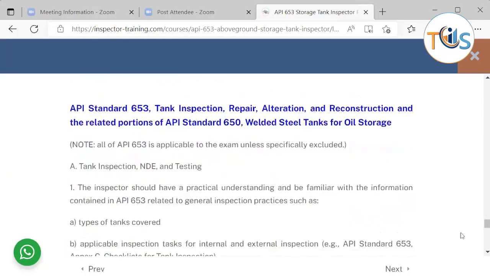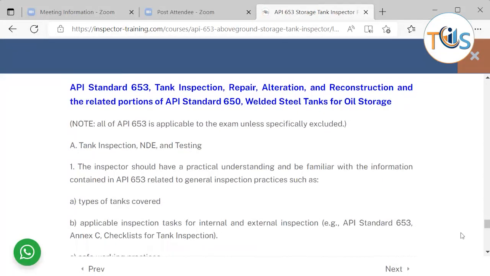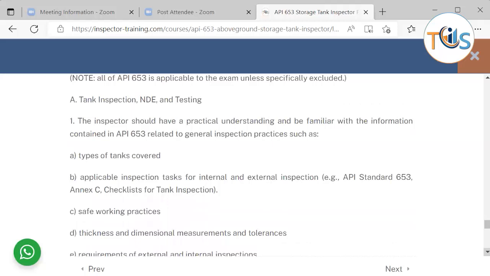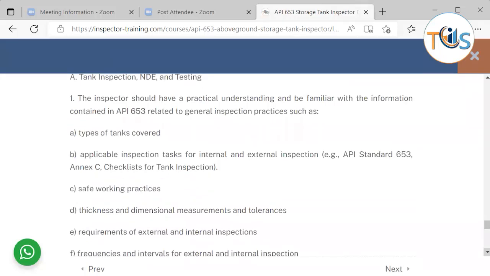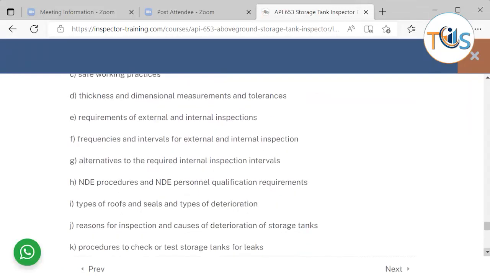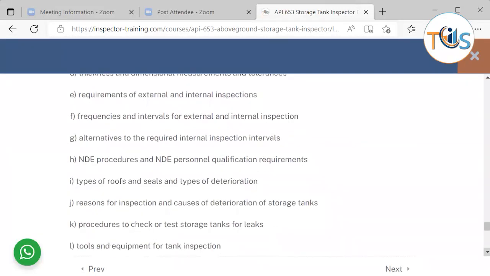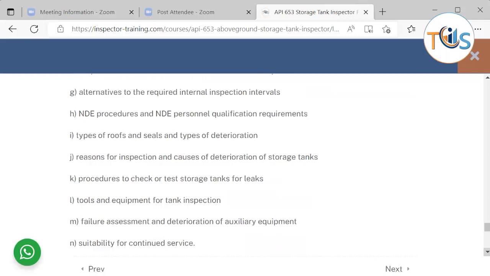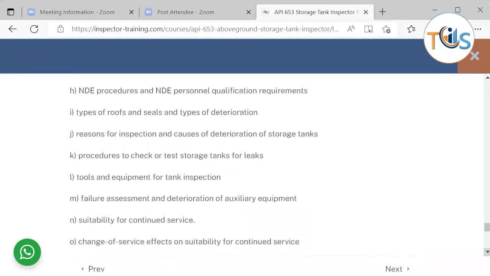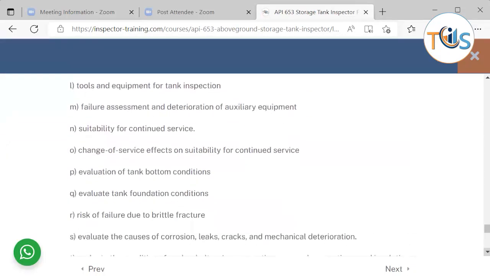And 653, this is the most important one, as we emphasize and recommend that you read it at least twice. It also includes safe working practices, thickness, dimensional measurement, frequency of interval, next inspection interval, the procedure, personnel qualification.